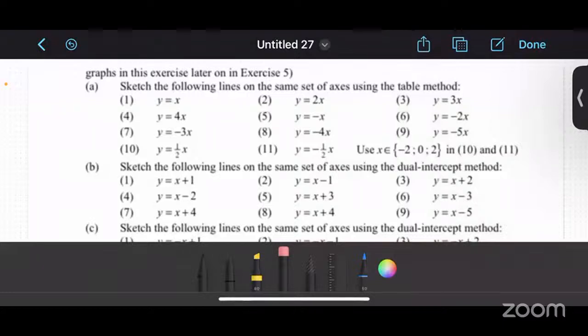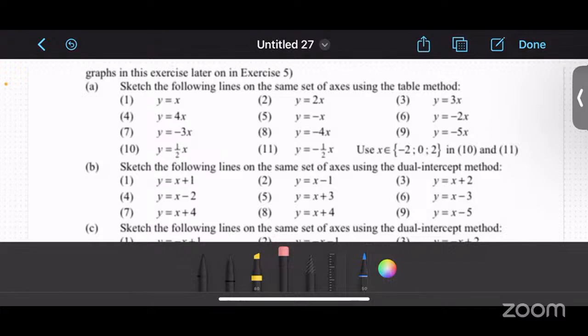So I said the difference between the two methods, the dual intercept and the table method, is that for the table method you use a table to get the coordinates, and for the dual intercept method you make use of finding the y-intercept and the x-intercept, and then you get your coordinates.